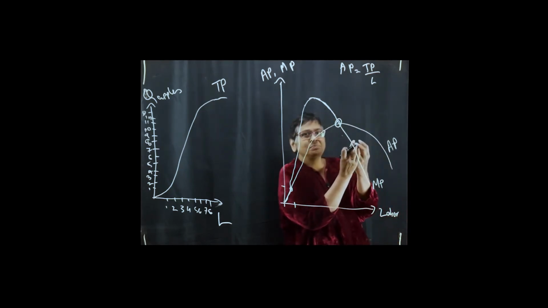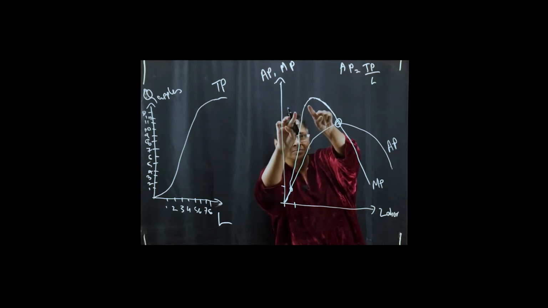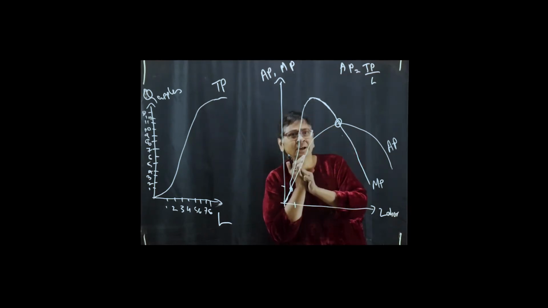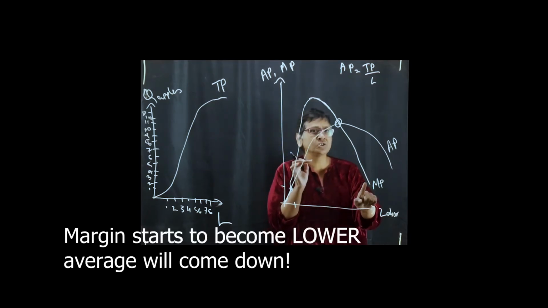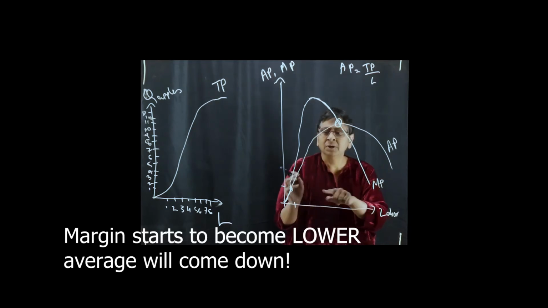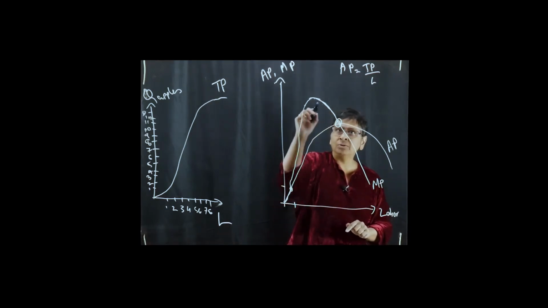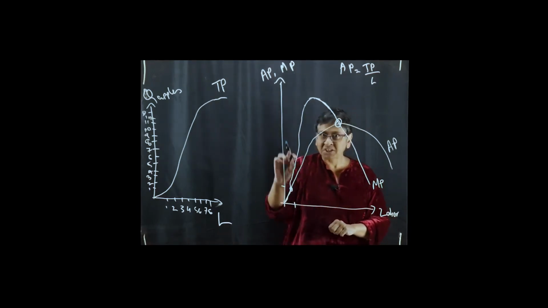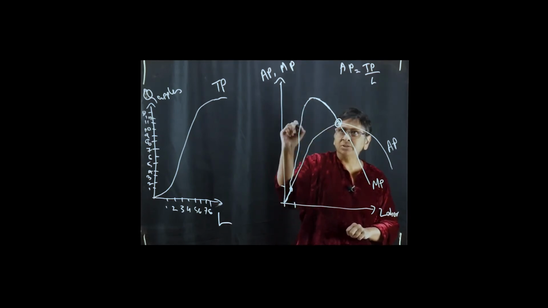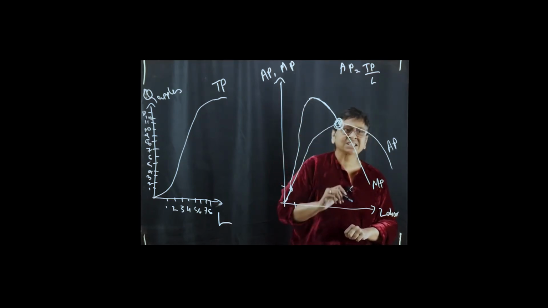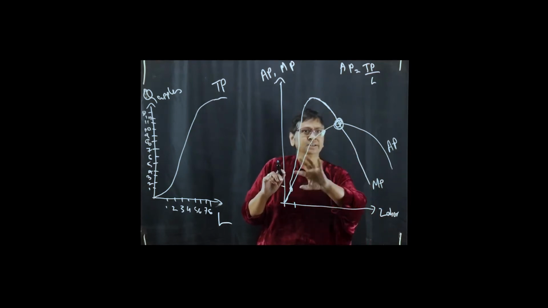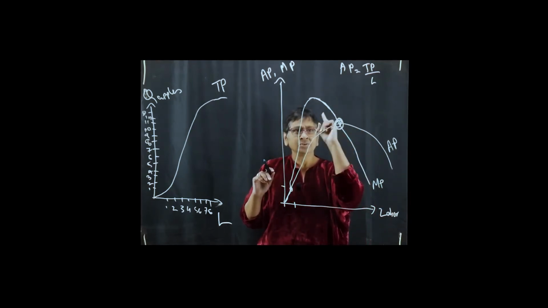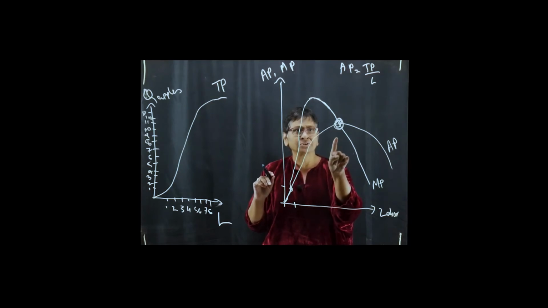If it is higher than my current GPA, it will pull my GPA up. As long as the marginal is higher than the average, the average will go up. When the marginal becomes lower, the average will come down, which means the marginal productivity also has this particular bell shape, but it is going to look like this, where it hits average productivity where average productivity is at its peak. This is going to be a very important concept when we come to costs.